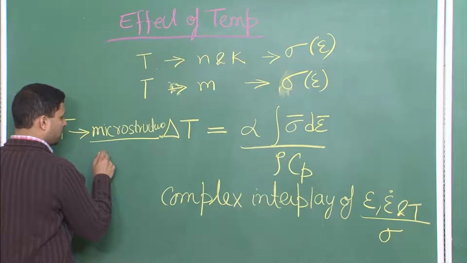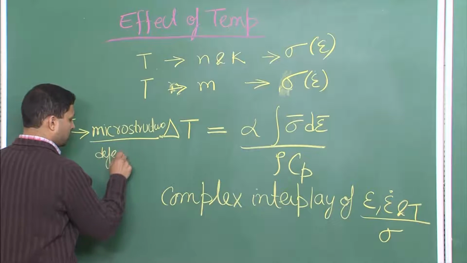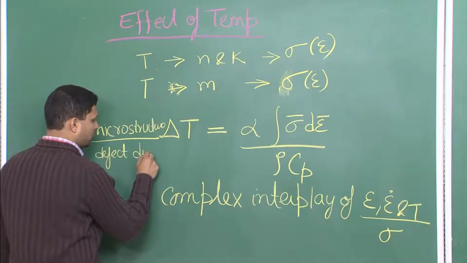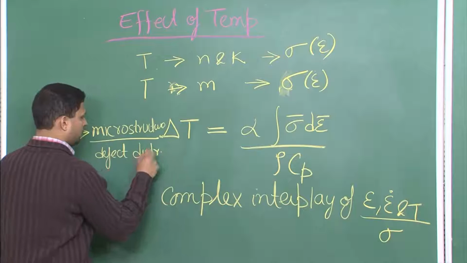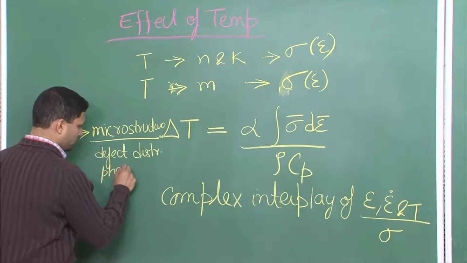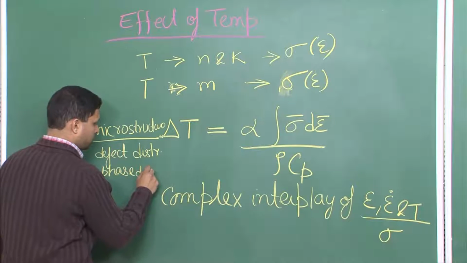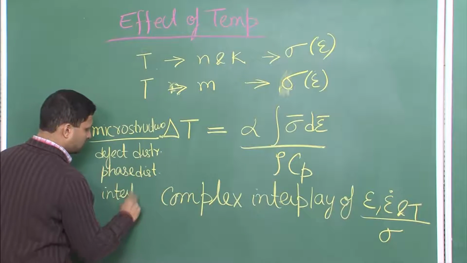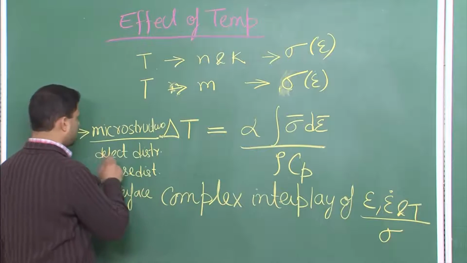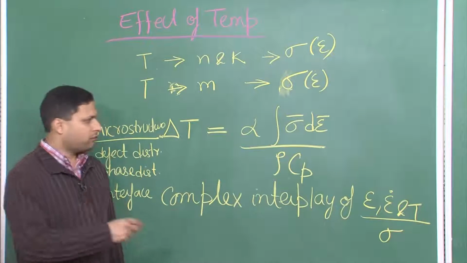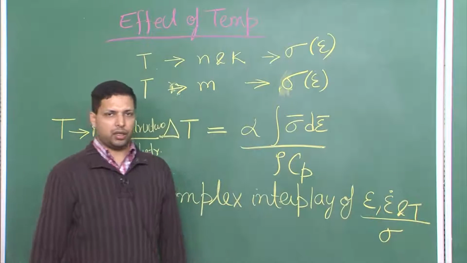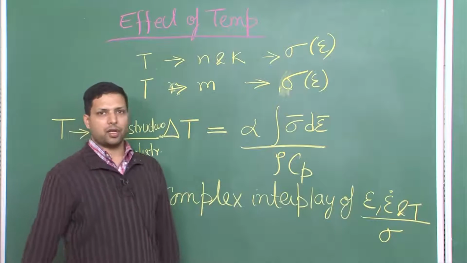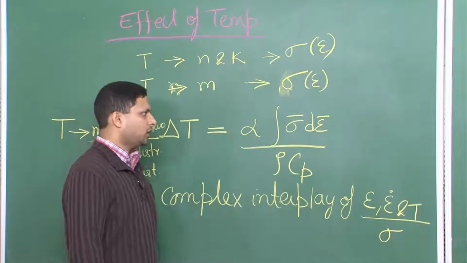So, things like your defect distribution, phase distribution, interfaces, these all get influenced by temperature, and because of this we see all the different influences of temperature on the stress, strain rate and so on.